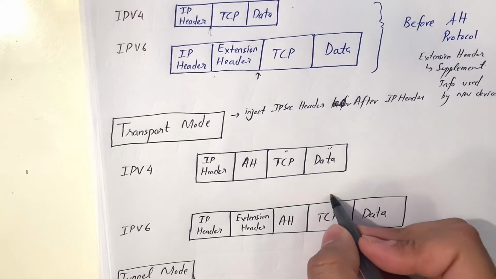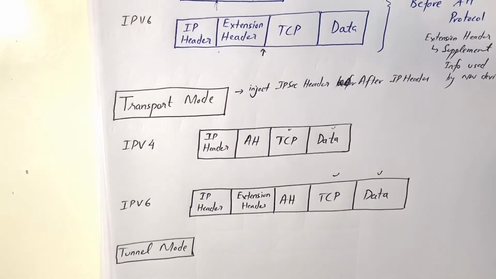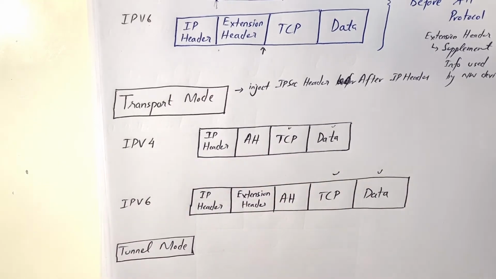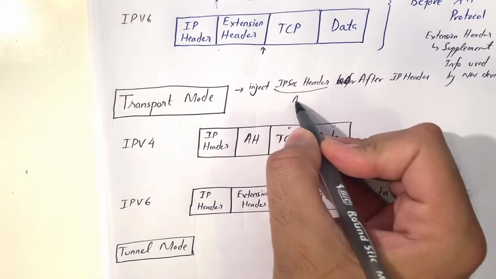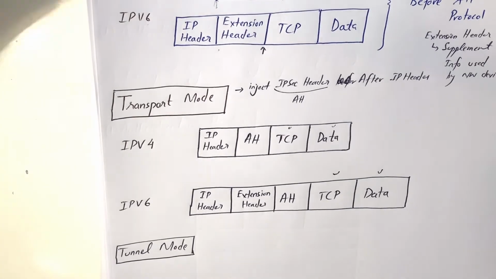So the TCP header and the data will be authenticated. This is the transport mode, where we inject the IPsec header, in our case the authentication header, after the IP header. Source and destination addresses are unchanged, end-to-end communication.